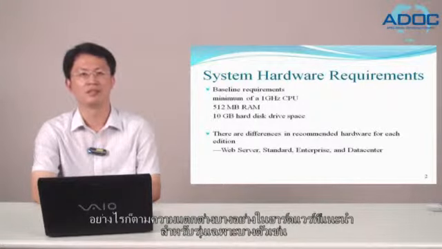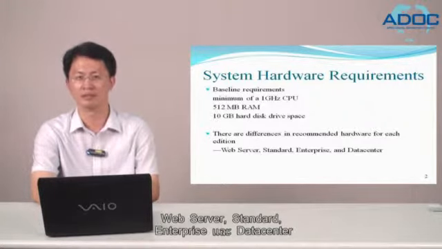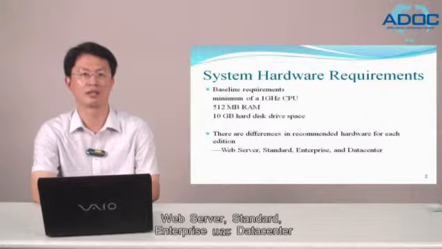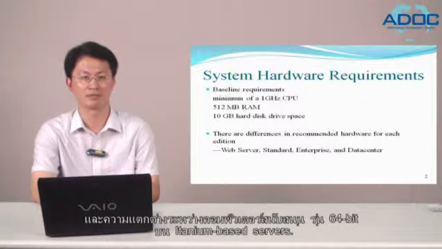However, there are some differences in recommended hardware for some specific editions, like Web Server, Standard, Enterprise, and Datacenter, and further differences to support the 64-bit versions on Itanium-based servers.